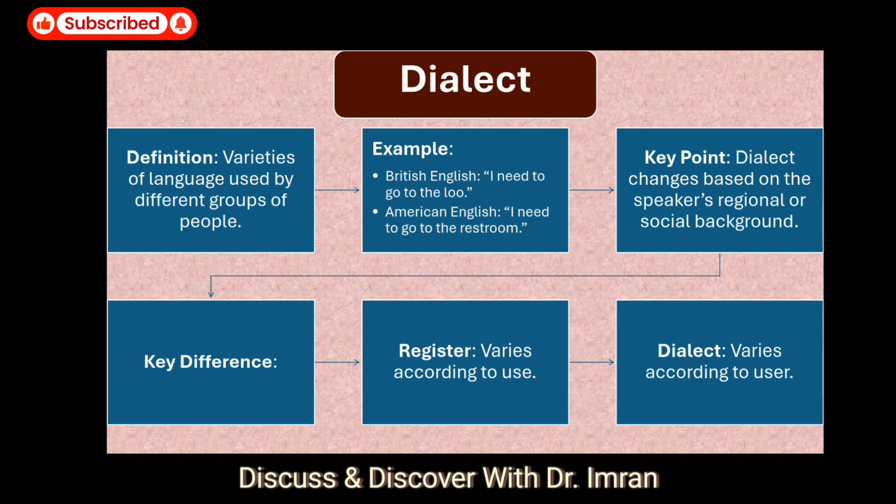So register is based on the use of language, and dialect is based on what? The user of language. Dialect varies according to the users, the group of people, and register varies according to the use. These are the two very fundamental differences between dialect and register.